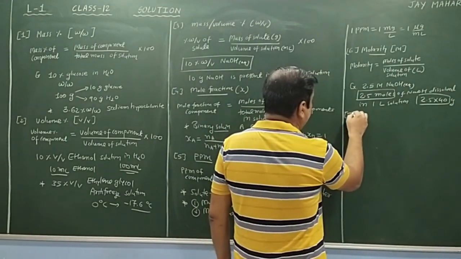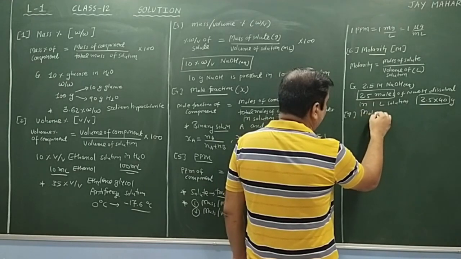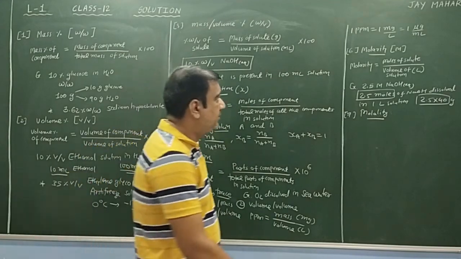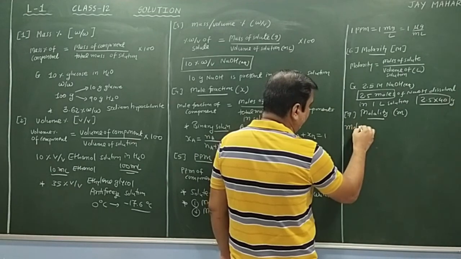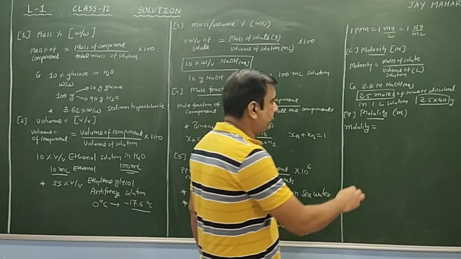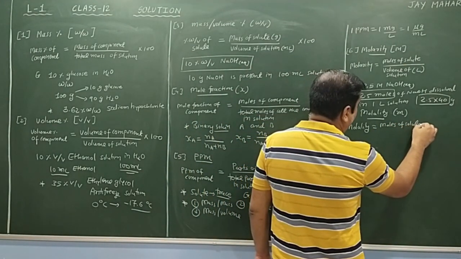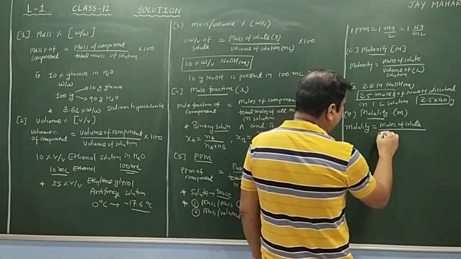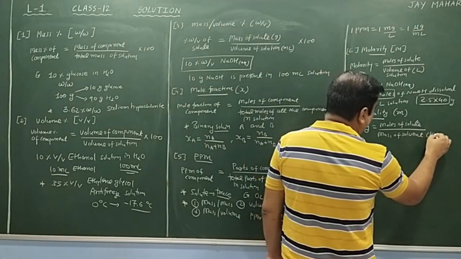Now the 7th one is molality. Molality means small m. Molality is equal to moles of solute divided by mass of solvent, with the mass of solvent in kg.